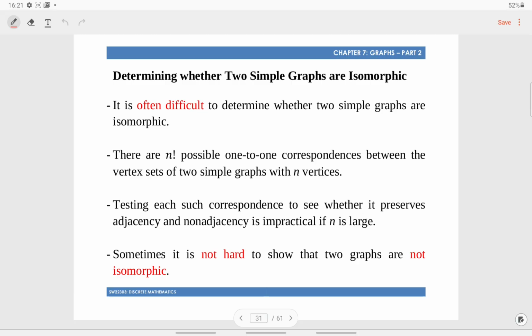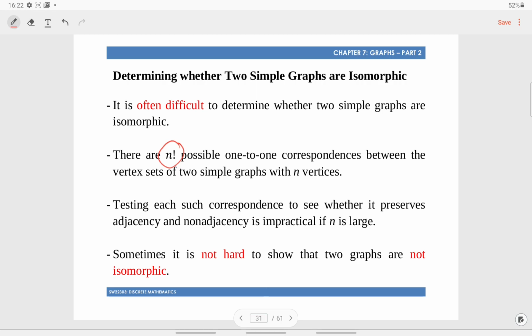There are n factorial possible one-to-one correspondences between the vertex sets of two simple graphs with n vertices, just like in the previous example where we mapped A to X. Testing each such correspondence to see whether it preserves adjacency and non-adjacency is impractical when n is large, meaning when there are many vertices.